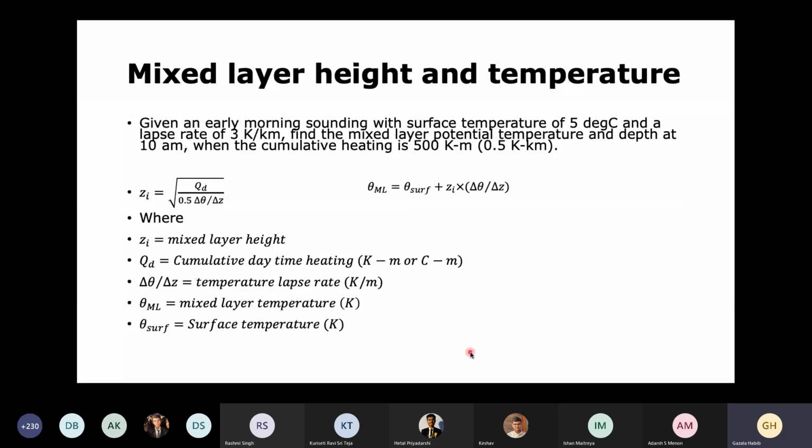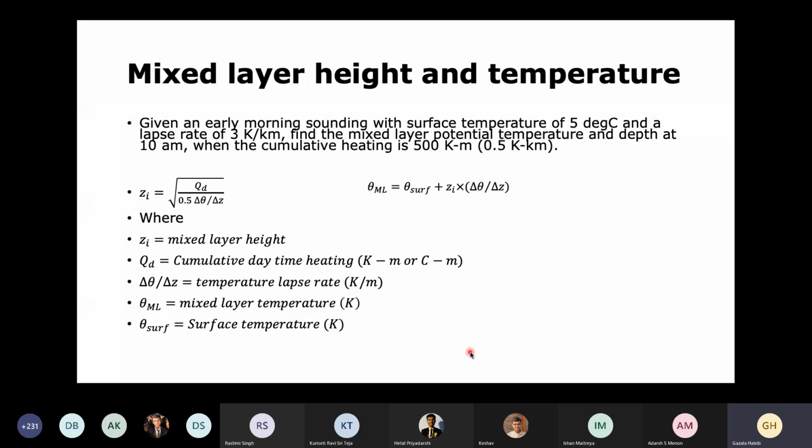Now mixed layer, I told you that the mixed layer height is very important, and it changes season to season. In summer the mixing height or mixed layer height is high compared to winter, and that is something which goes into the dispersion model in order to know the concentration of various pollutants in the atmosphere once they are emitted from the source.